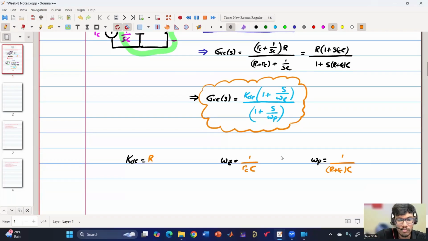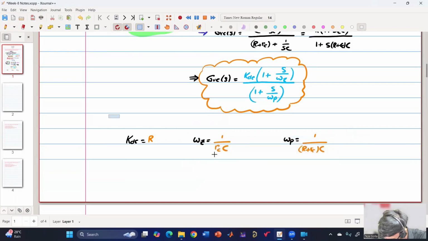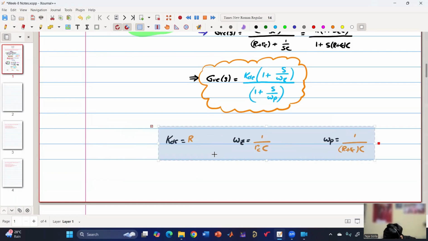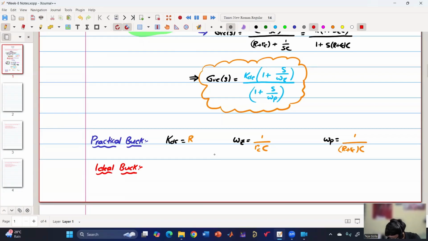Okay. So now you know that this is for the practical case, considering the variables. If we consider an ideal buck, can you tell me what the values will be and how they are going to change? What is KDC?